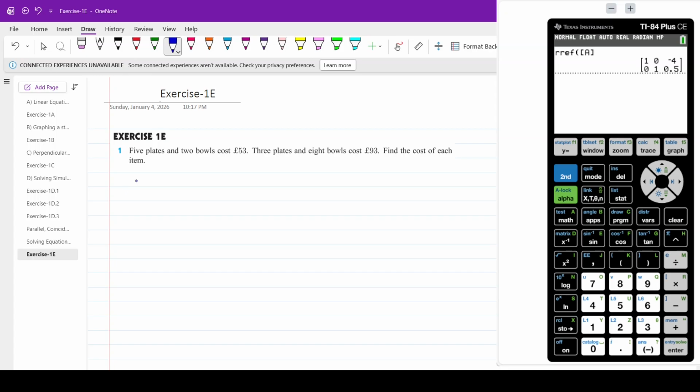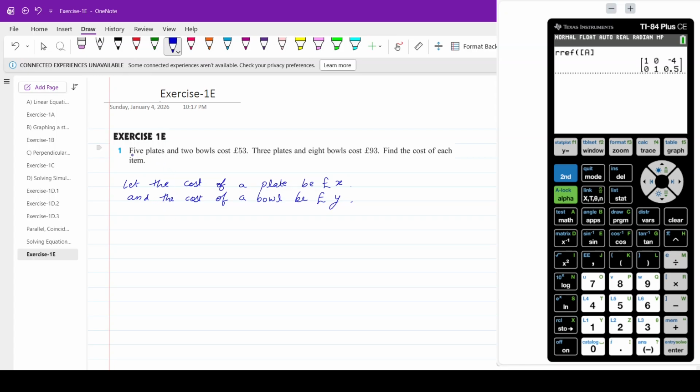So let's say, let the cost of a plate be x pounds and the cost of a bowl be y pounds.